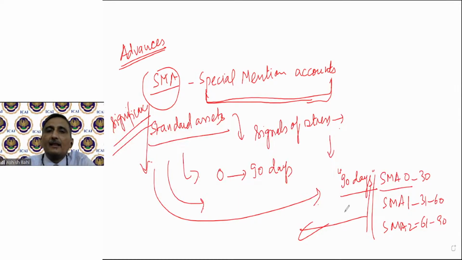So clear, guys? So students, this was all about duties of the statutory auditor regarding advances. Now, after you have understood all this, you can easily work out what are the duties of concurrent auditor regarding advances.